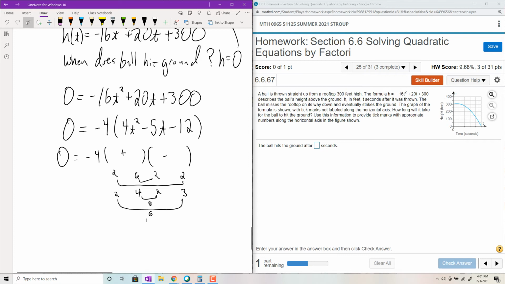Starting to think I just made a mistake. Let's do 4 and 1. 12 and 1 won't work because 12 minus 4 is 8.